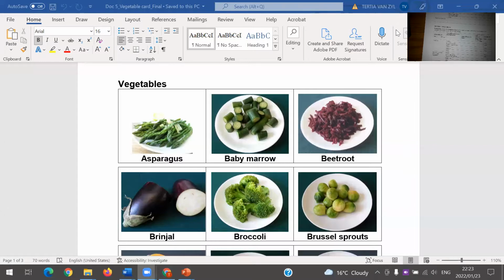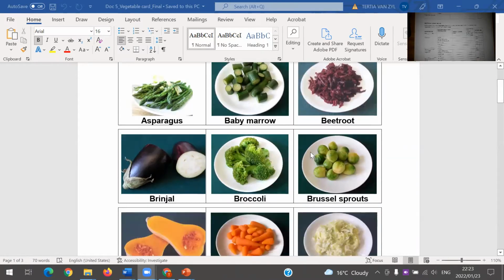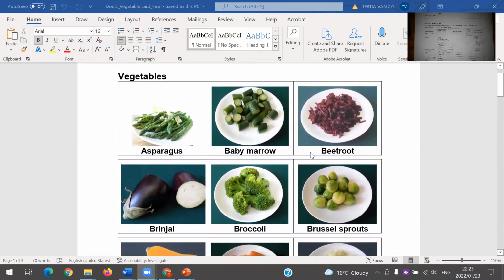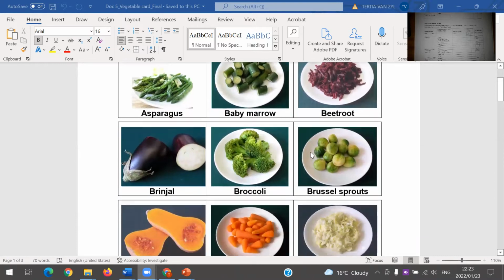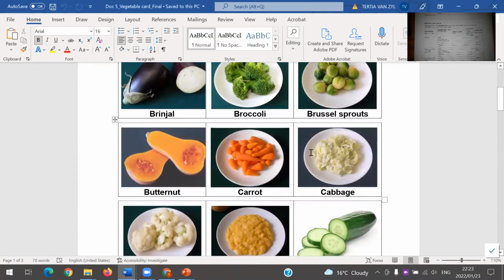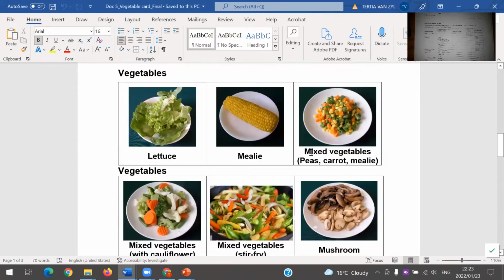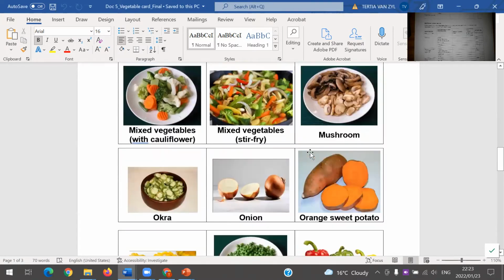So you will see the next section is section I, and this section covers the vegetable intake. You will have a vegetable card that you can take out and show to your participant and let them indicate which of the vegetables they consumed within the last week.